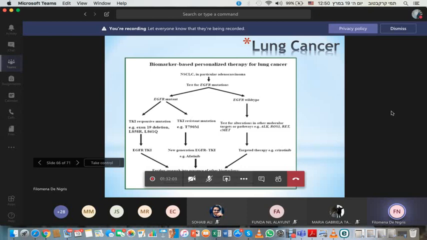First of all is the blood examination for general markers, because there is no specific blood marker for lung cancer. Then you have to ask for a biopsy to determine which kind of marker is effective.